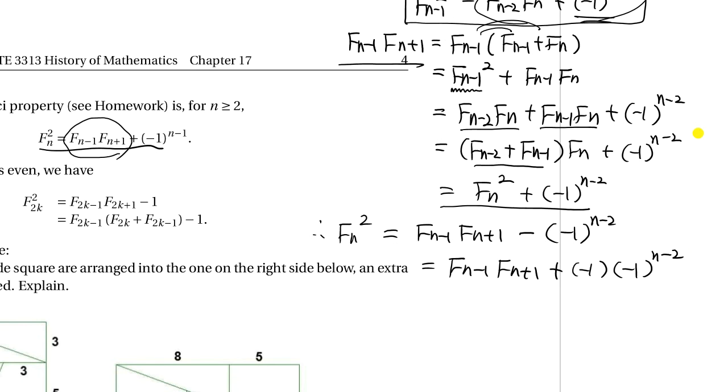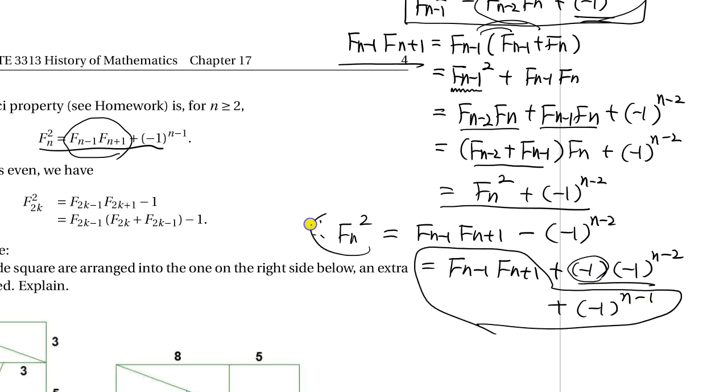Right? So that is simply (-1)^(n-1). We have one more negative, so we have to increase the exponent value by 1. So this is that equation. Right? So that's the proof for here.